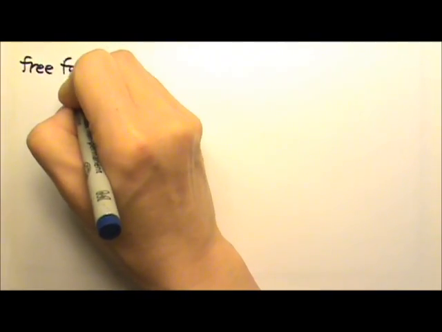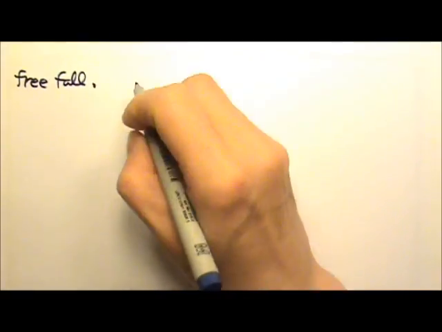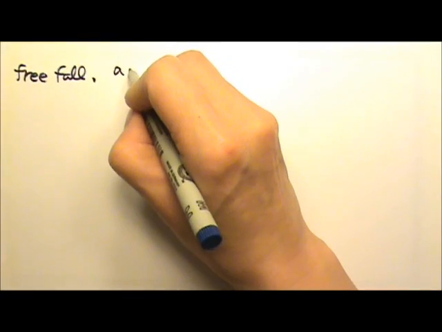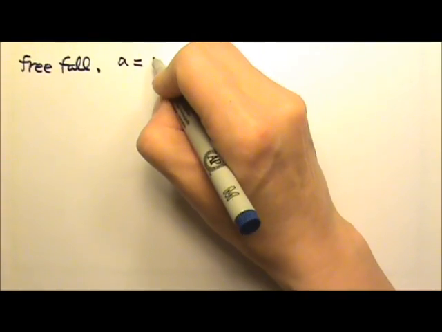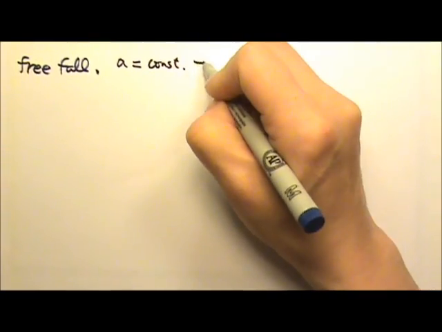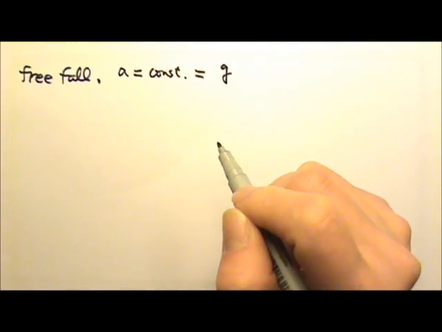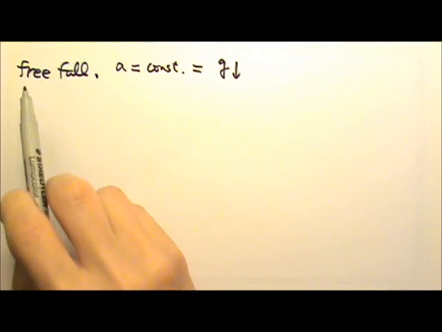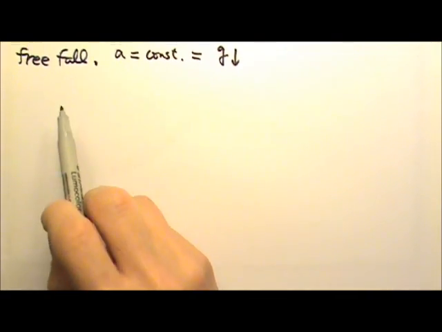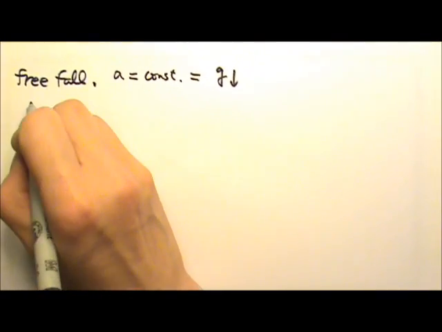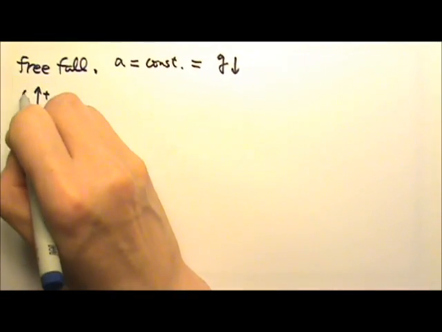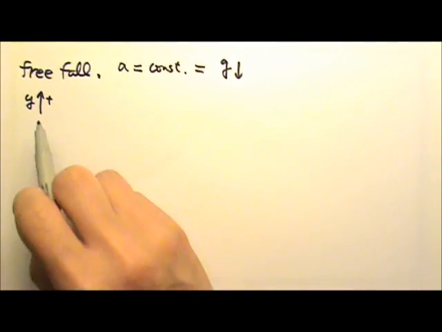Then we talked about free fall. If an object is in free fall, which means we can ignore the air resistance, then the acceleration is constant. It is that gravitational acceleration g, and it is a downward acceleration. And for a falling object, in the vertical direction, we usually choose up as positive, and we use y for that. We don't have to.